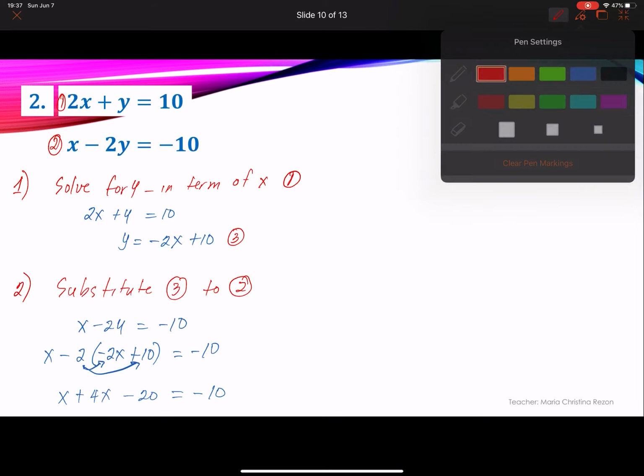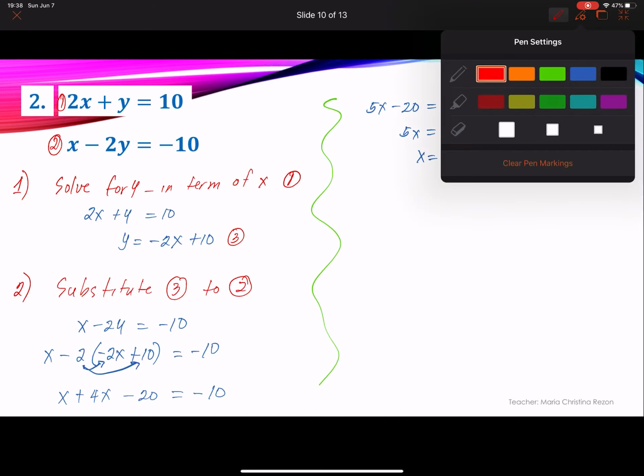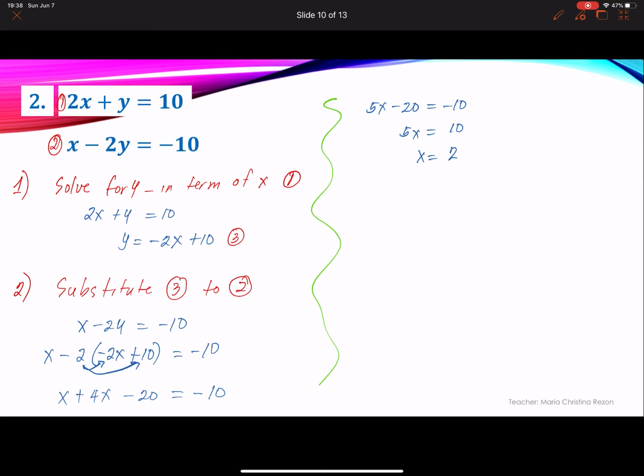And then continue that process. So you have there x plus 4x, that gives you 5x, minus 20 is equal to negative 10. Therefore, 5x is equal to 10, x is equal to 2. Then you now have the value of your x.